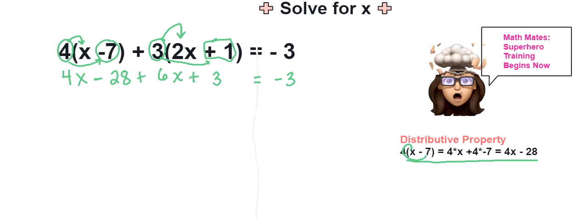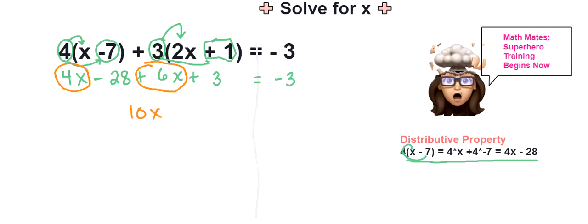So I've got a positive 4x and a positive 6x. If I combine those, I have a positive 10x. You see when I circle it, I circle the sign in front of it too. That 6x has a plus in front of it, so I circled that. Now we got to look at our numbers here.